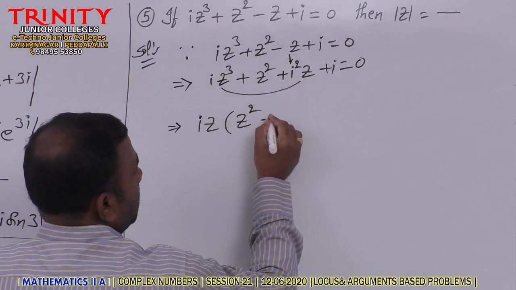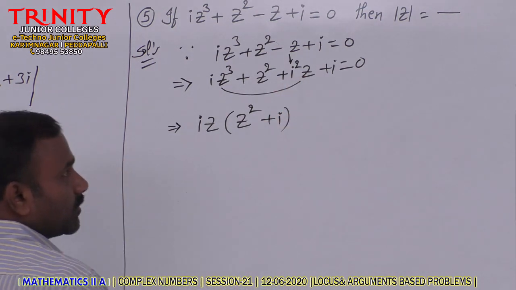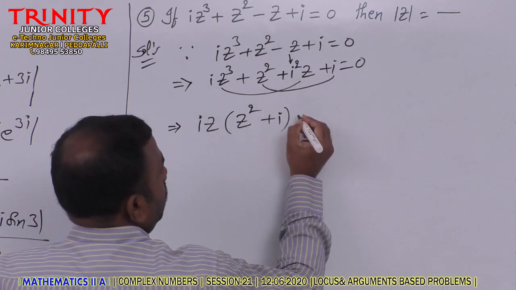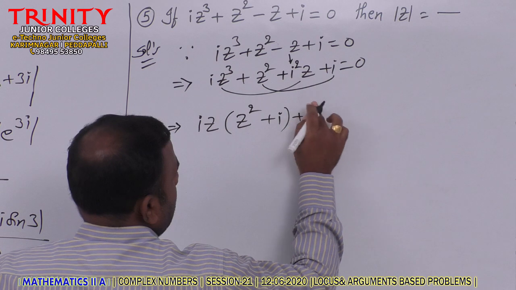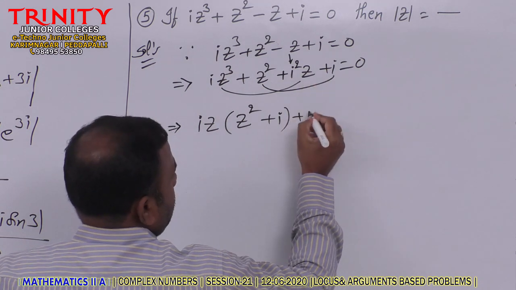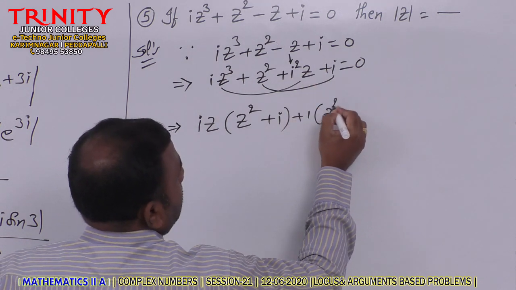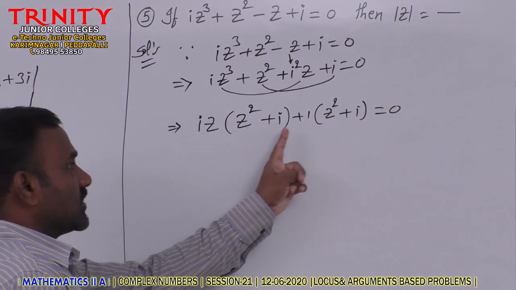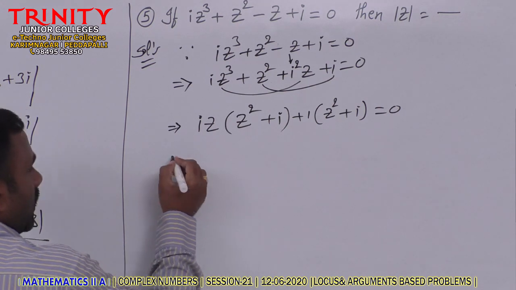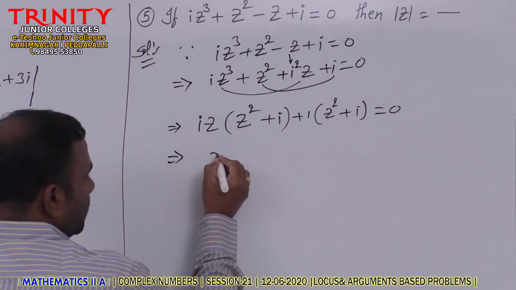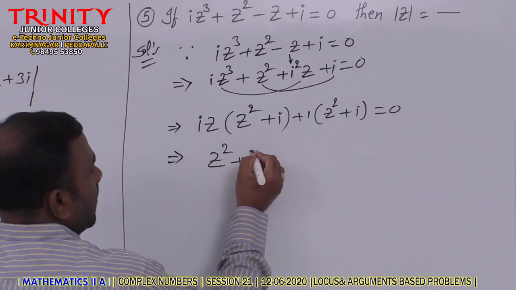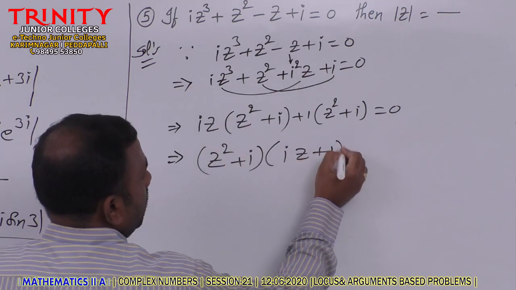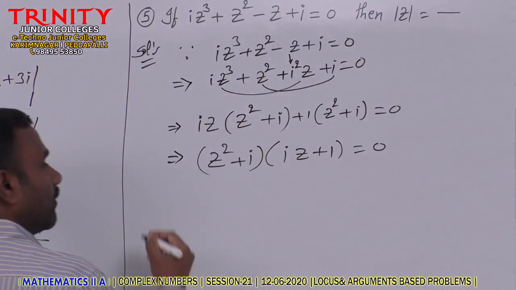Iz as common, here the remaining value is plus i only. And from these two, plus 1 into plus 1 of z square plus i equal to 0. Same factor, z square plus i. Now, from these two we can take z square plus i as common. Then the remaining value is iz plus 1 equal to 0.